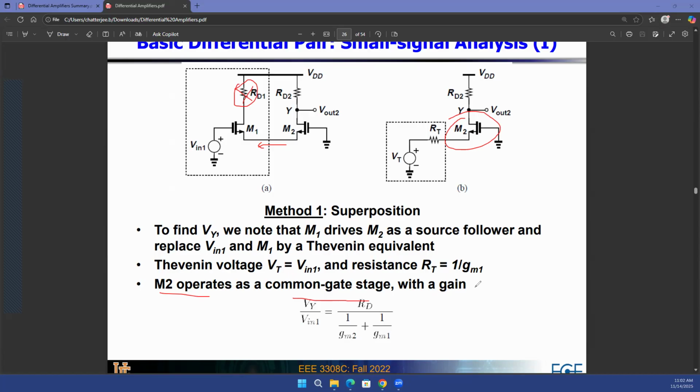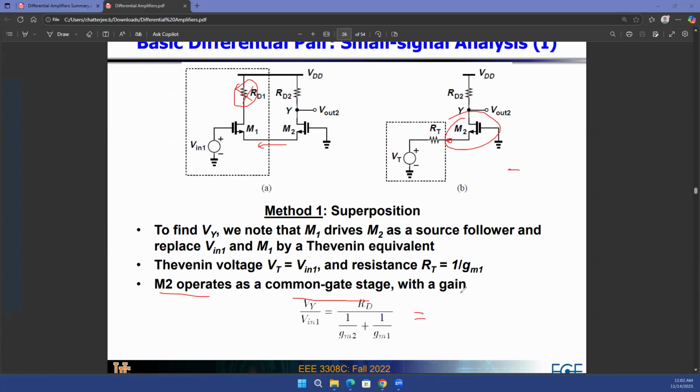You know that the gain of the common gate, if you are applying this voltage V over here, you can write that down as, or you can basically do all the small signal modeling and figure out what is going to be your gain over here.